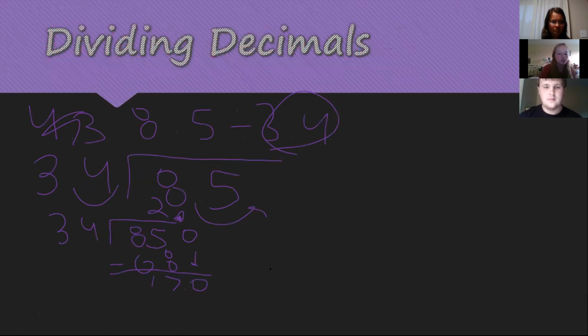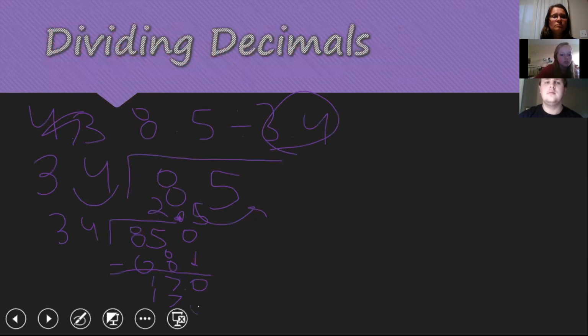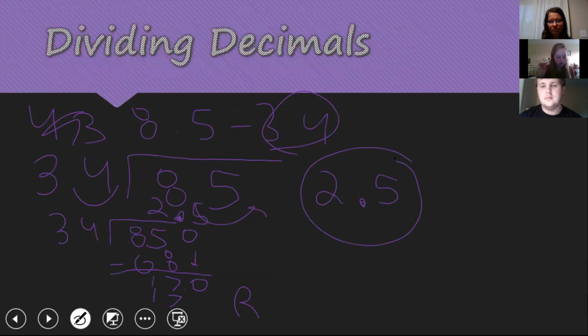How many times will 34 go into 170? The answer is 5. It goes in evenly, which is 170, and so then you are done. There's no remainder because it goes in evenly. So again, we have 2.5, and that is how you do dividing decimals.